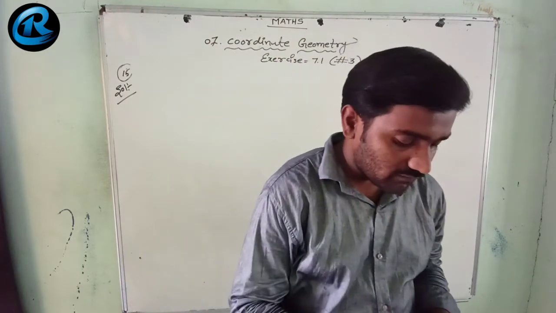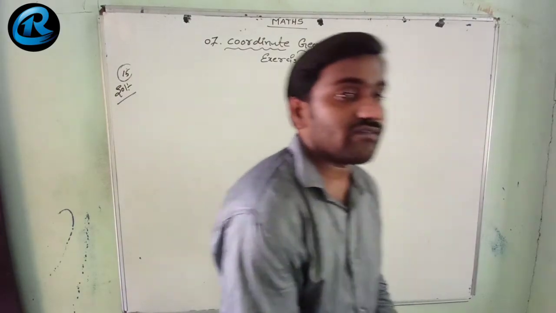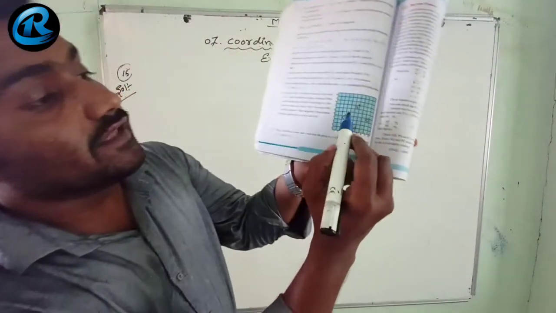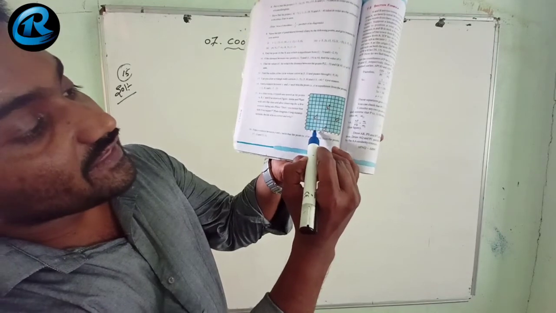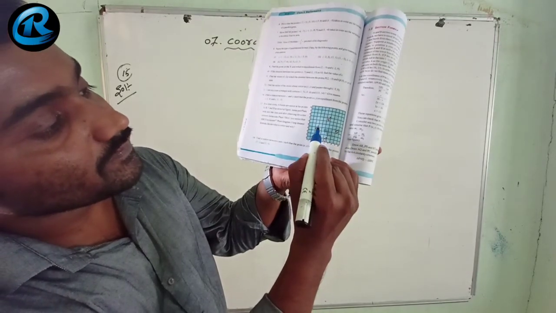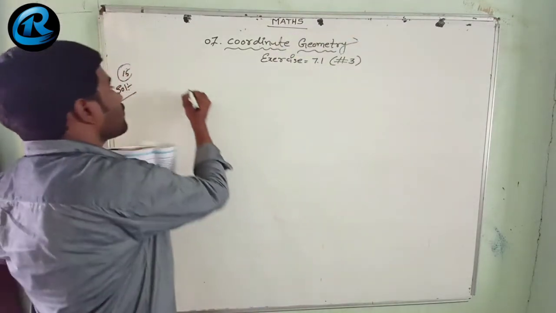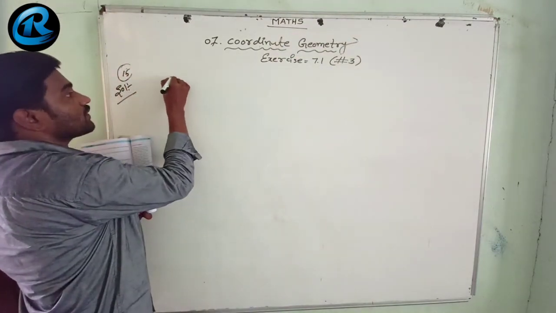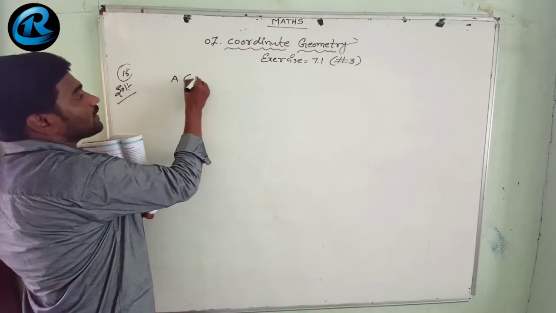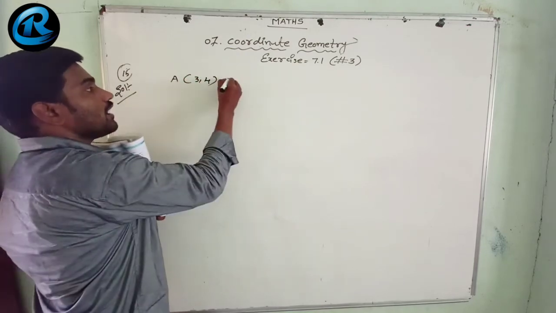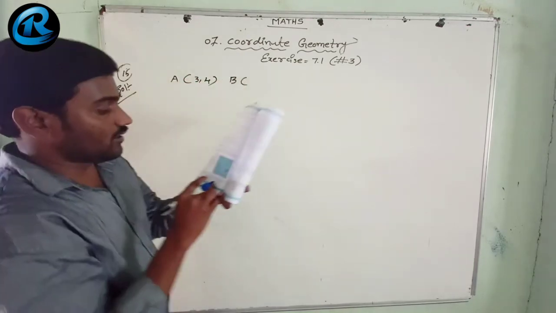Okay, let us find out. First of all, let us know what the points A, B, C, D are. The point A: on the x axis it is 3 and on the y axis it is 4, so 3 comma 4. And point B you have to locate now.